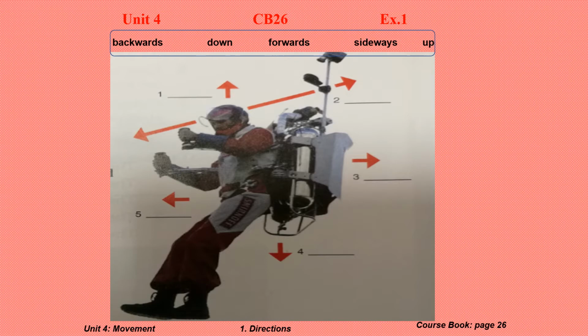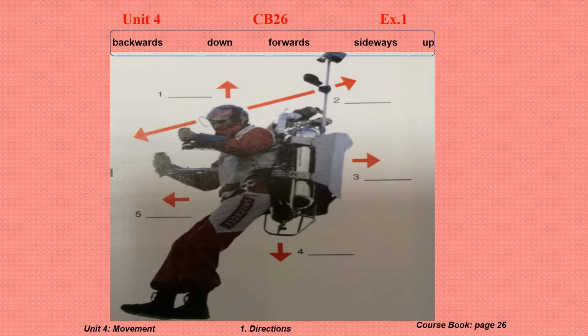Number two, there is another arrow. Look carefully at number two, because it has two directions. Number 3, 4, and 5. Please pause the video, try to guess the answers for this, to label the diagram, and then come back for checking the answers.